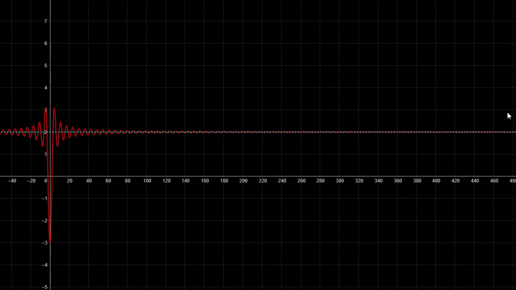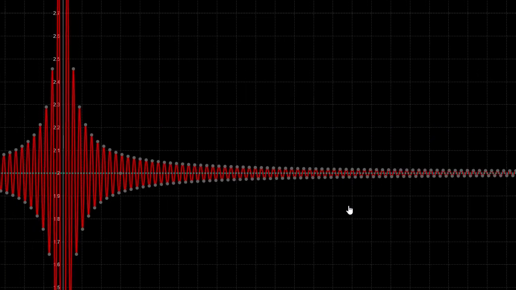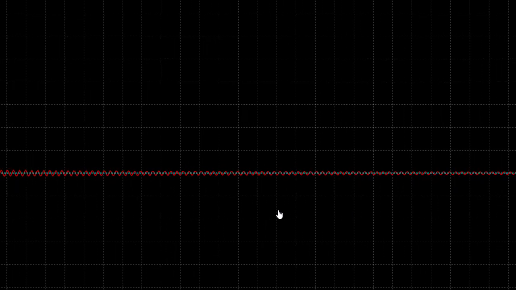However, this function still oscillates. I've zoomed in closer so you can see, but this function is always oscillating. However, it gets closer and closer as x goes out further and further.